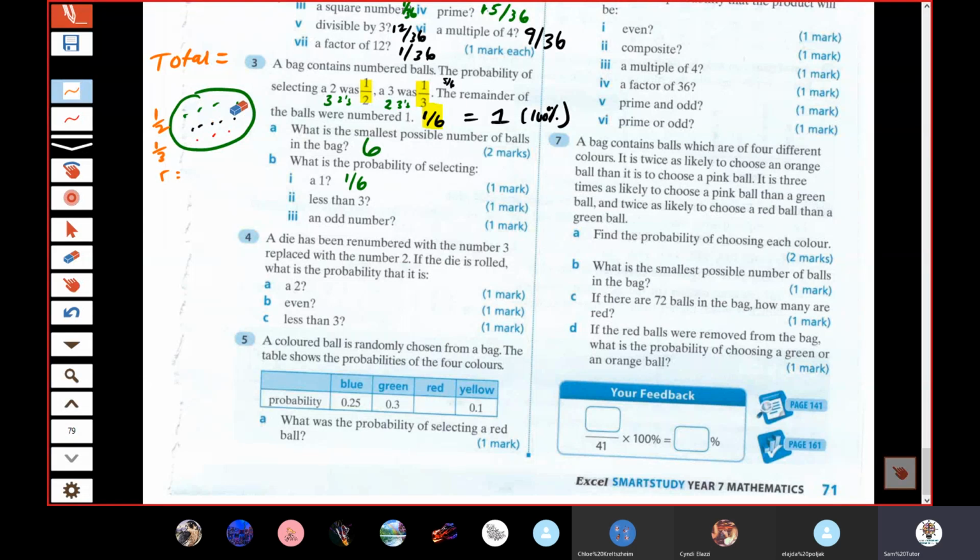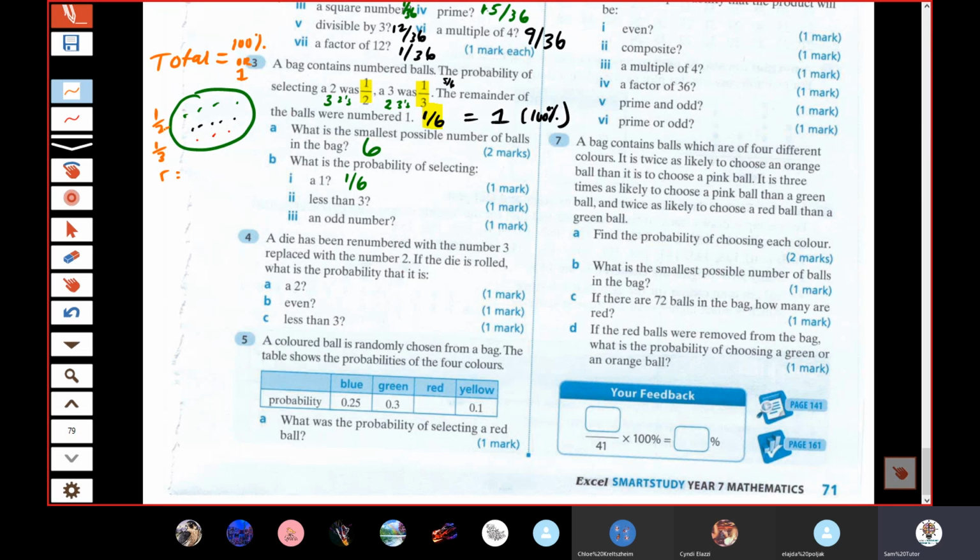Just forget the dots. What's the maximum probability ever allowed? 100%, yeah? Or the number 1, right? If you're dealing with decimals. So 100% if you're dealing with percentages, otherwise it's the number 1.